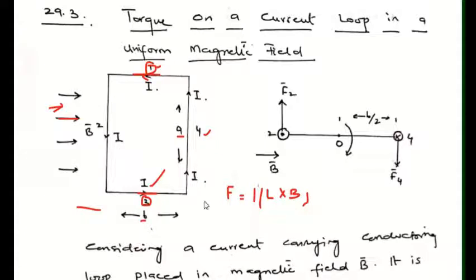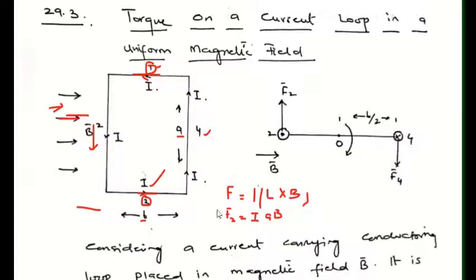If I want to find the magnitude of this magnetic force, I will simply write F2 equals the current through segment 2, I, and the length of segment 2 is given by A, and this is B, the magnetic field, and sine of theta: if the field is in this direction and the current and the length element is in this direction, it will be 270.